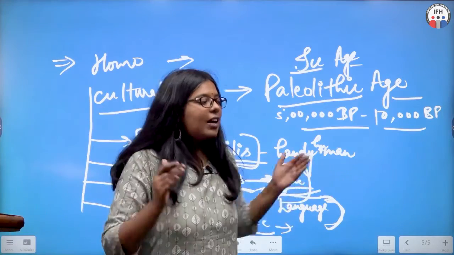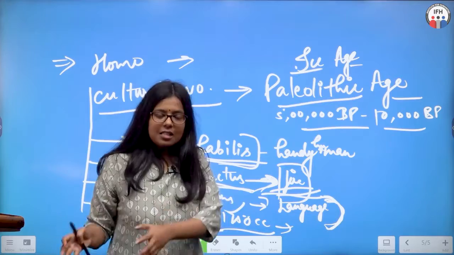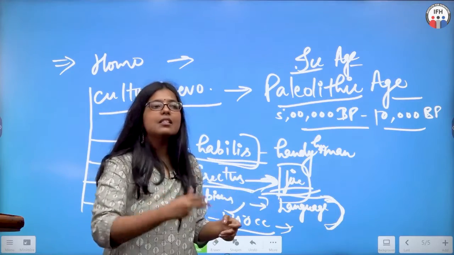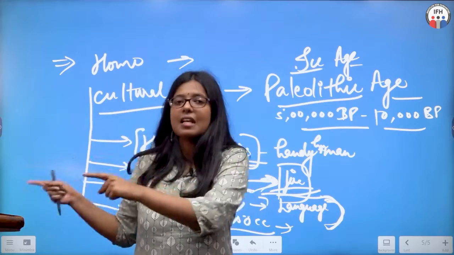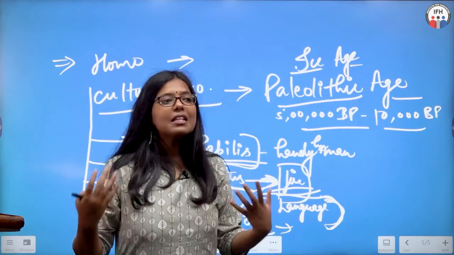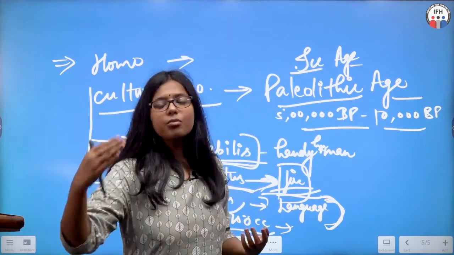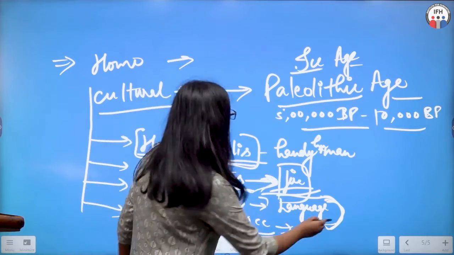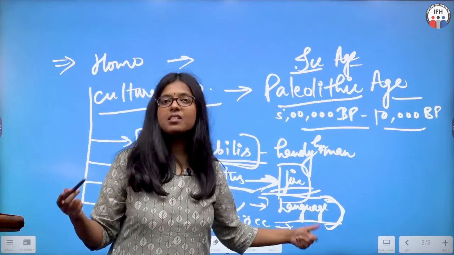So one generation can tell the coming generation that in this season you should migrate there, that is an animal you should be aware of, this is the area where you should live. All this important information can be passed on to the next generation when people start speaking. So again, a very major change.